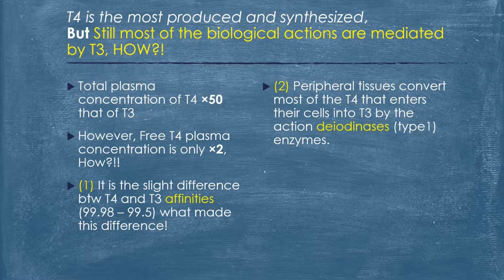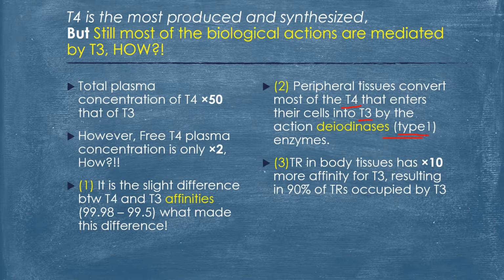The other reason is that peripheral tissues convert most of the T4 that enters their cells into T3 by the action of deiodinase type 1 enzymes. So although we have more T4 concentration, most of the T4 that reaches the peripheral tissues will be converted into T3 by deiodinase type 1. And we will talk about the types in a few moments also.